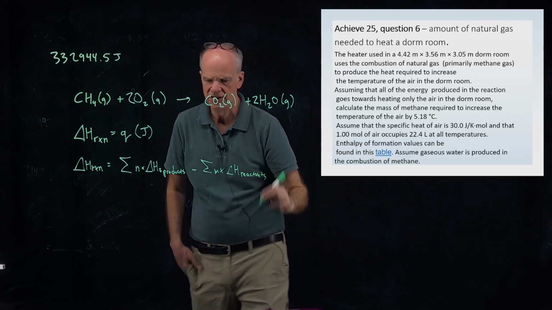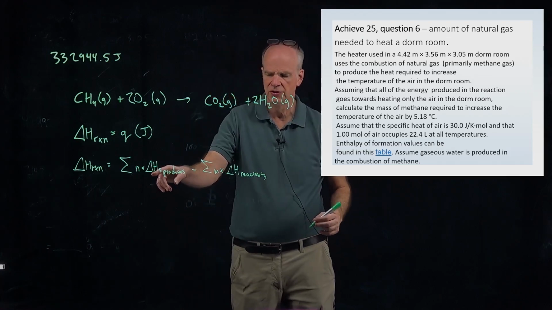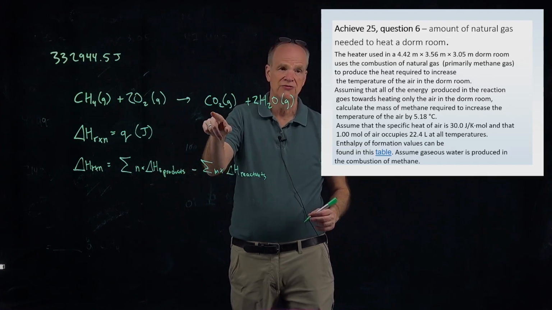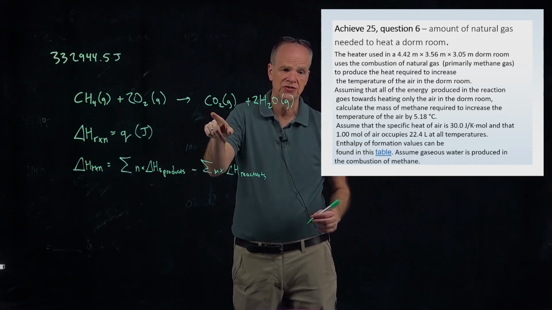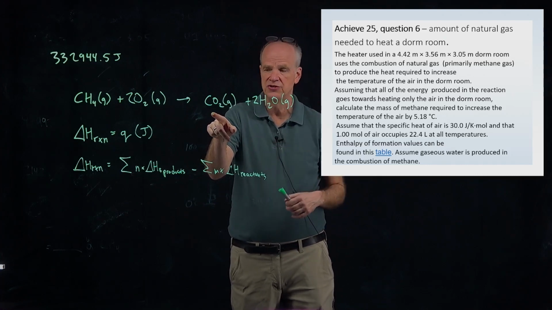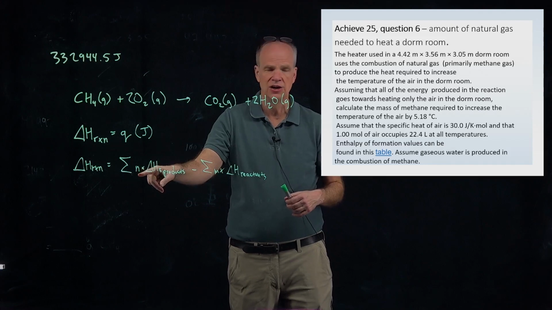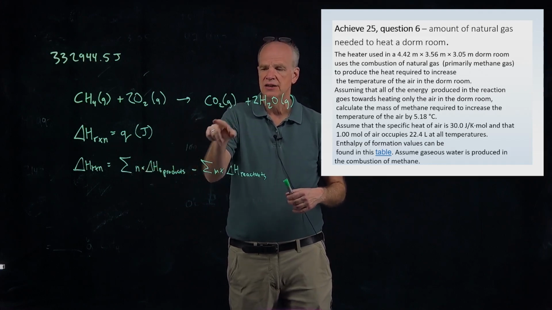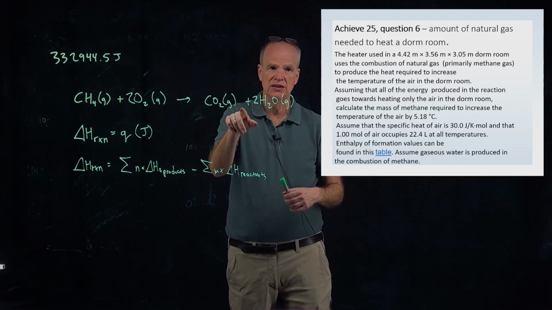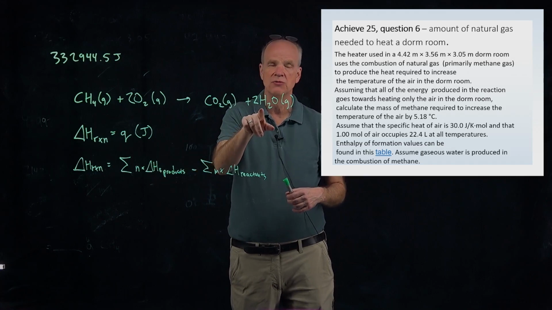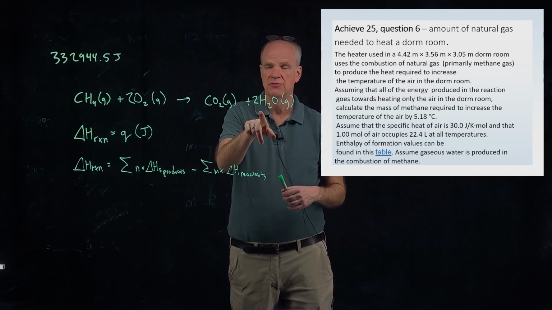So let me remind you of something. Let's look over here at the heats of formation of the products. You can look up the values of the heats of formation of the products, and there's a link there to a table. And I will get the values in just a moment. But this n in this formula next to the products is just to remind you that if you're calculating the heats of formation of this reaction, you have to multiply by the number of moles here.